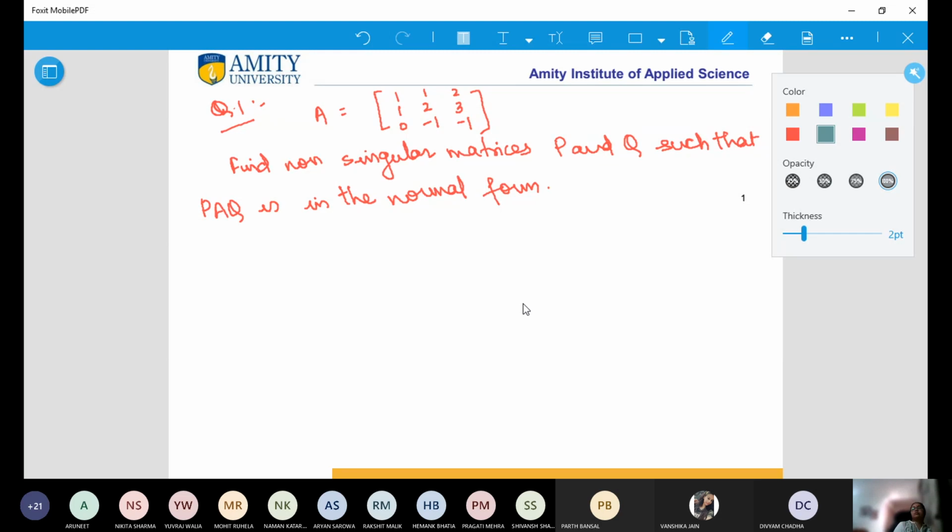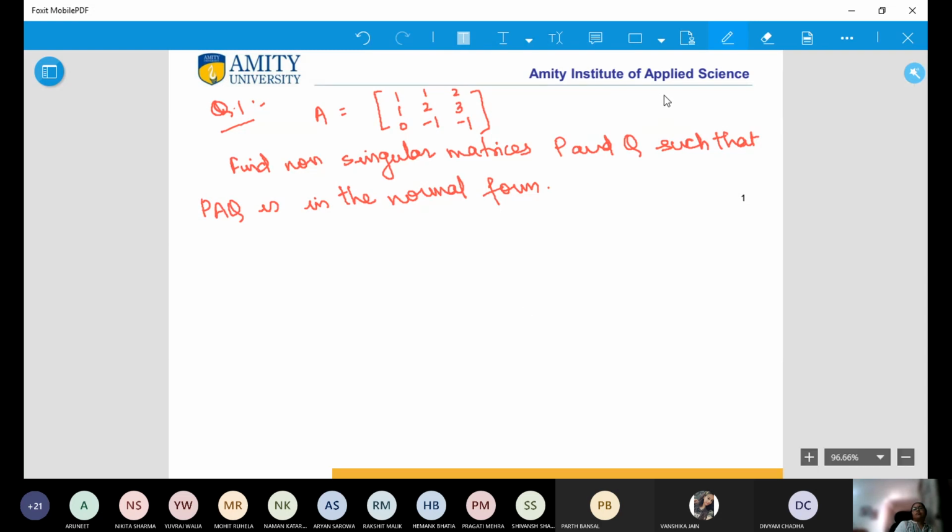When the question was to get the inverse using elementary transformation, if it was row operation, it was A is equal to IA, and if it was column operation, it was A is equal to AI. Is it okay or not? This you did in class 12th.